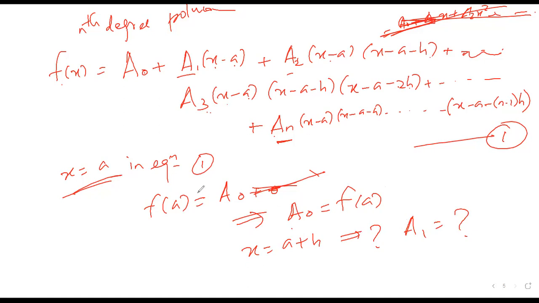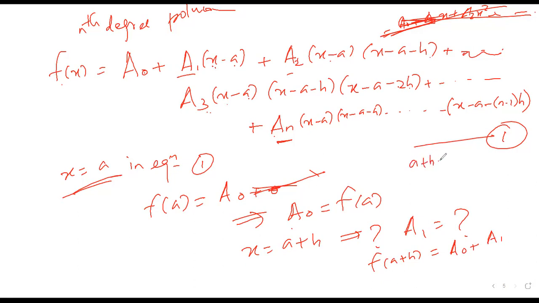Can you derive it like me? If I put a plus h, I have f of a plus h, which is equal to a naught plus the other terms. If I put a plus h for x, what will happen?